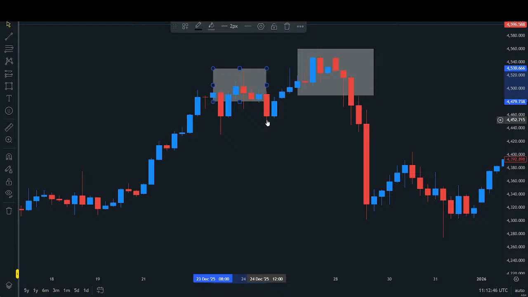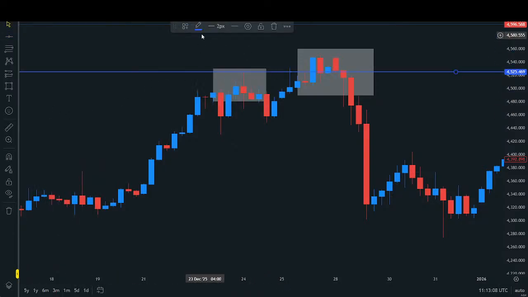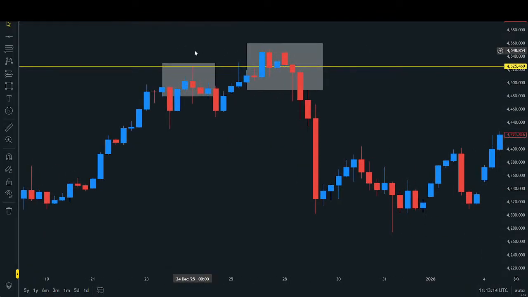So the market makers create buy stop orders at the top here, expecting traders to put their stop loss there. Most of the sellers, this is where their stop loss is.